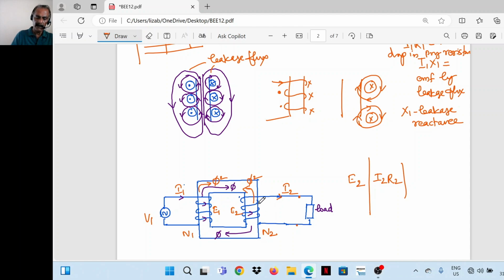Then the EMF induced by the leakage flux can be expressed as a voltage drop in the secondary circuit, that is I2 X2. Then the remainder is V2. That means E2 is the induced EMF. If you subtract these voltage drops, we will get the terminal voltage V2, that is the voltage available here.